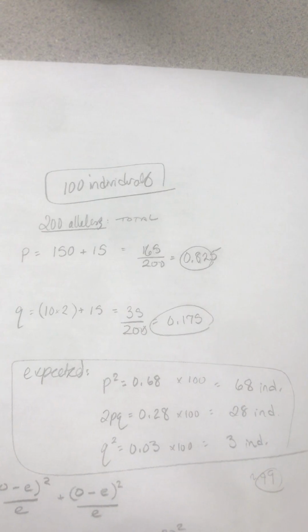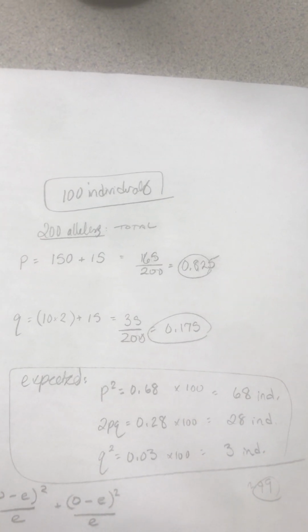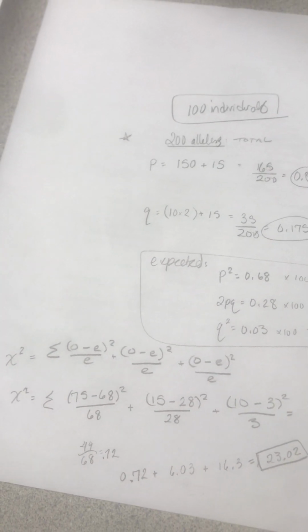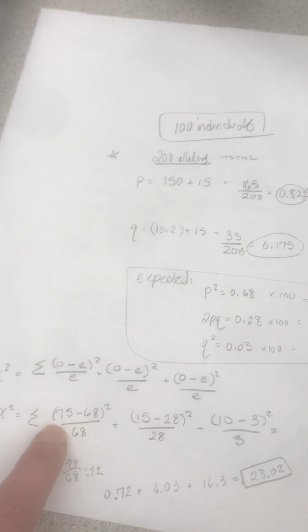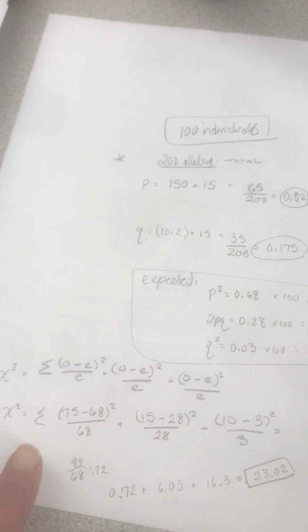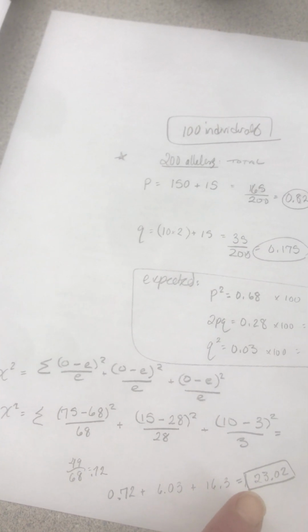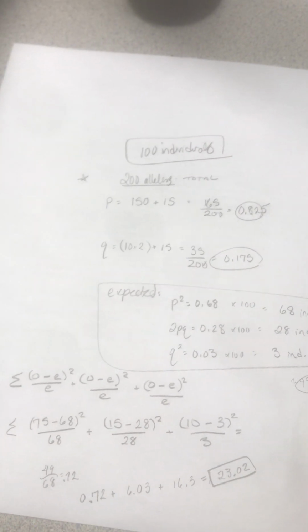Those are our expected. Now you just plug it right into your chi-square. With these as expected, and 75, 15, 10 as what we observed, if you calculate that all out, you should end up with about 23. I got 23.02, they're saying 23.1, but that roughly is about what you end up with.